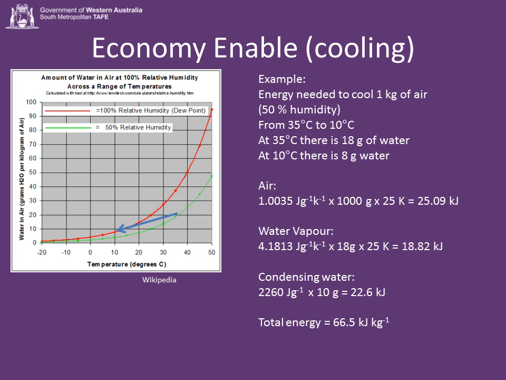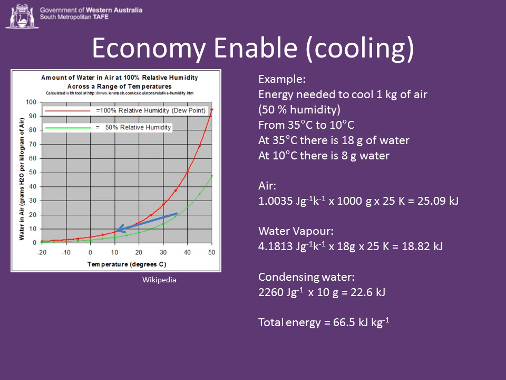Okay, let's have a look. Now let's take another kilogram of air, this time much hotter, 35 degrees Celsius, and we're going to cool it to 10 degrees. The big difference is that this 35 degree air is at 50% humidity, which contains 18 grams of water.